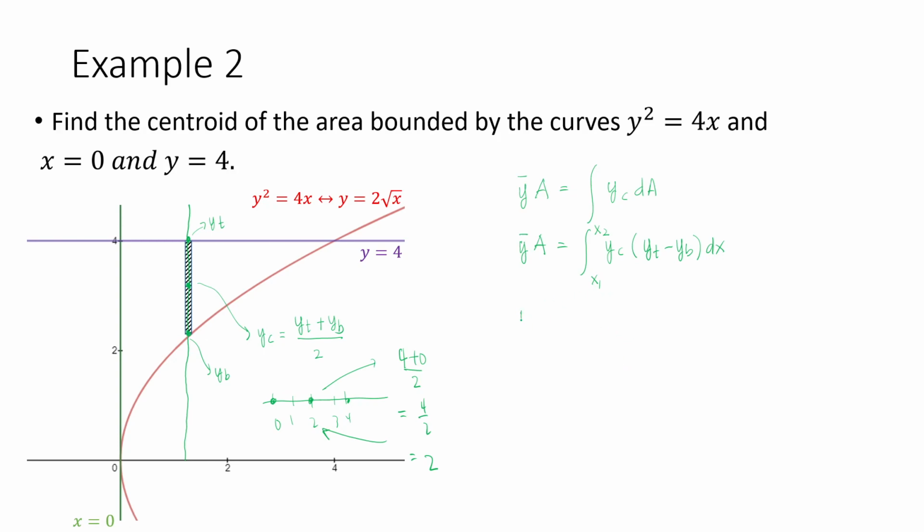Okay, so the formula is now bar y times the area. Then this one becomes y top plus y bottom over 2, and then y top minus y bottom dx from x1 towards x2.